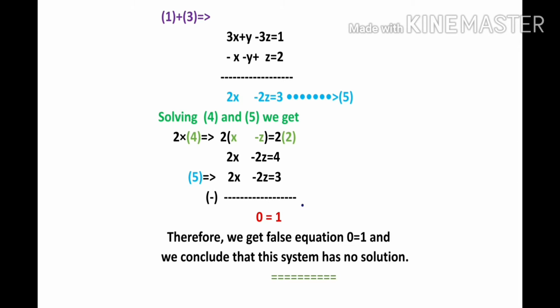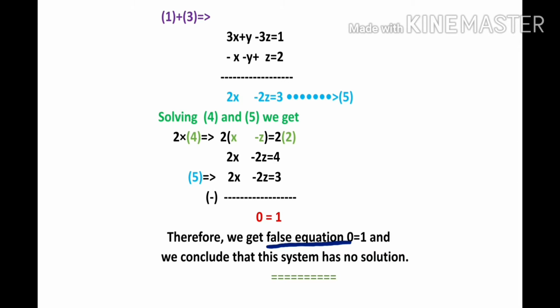Already we saw in the note, we get 0 is equal to 1, it contradicts, because we know that 0 is always not equal to 1. If we get 0 is equal to 1, it is a false equation.